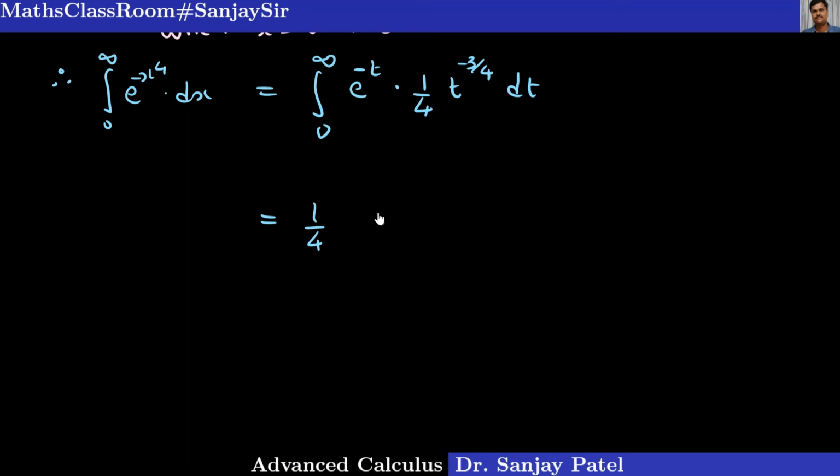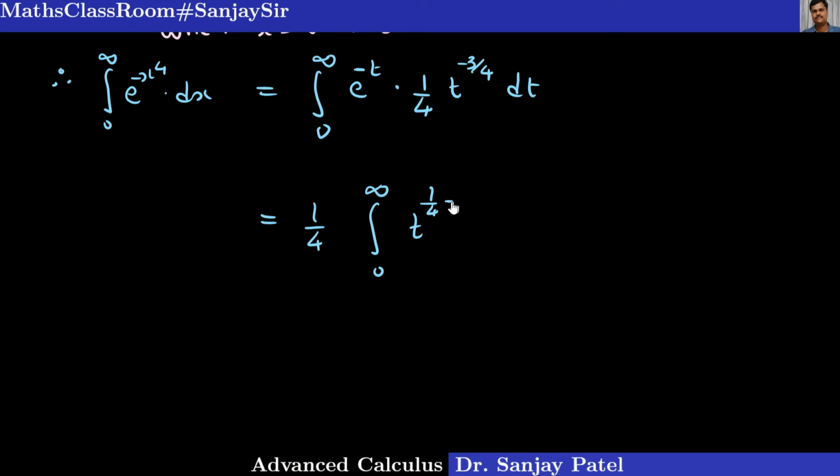So 1 by 4 times integral 0 to infinity t raised to minus 3 by 4. I can write t raised to minus 3 by 4 as, just a minute, I can write as say 1 by 4 minus 1.